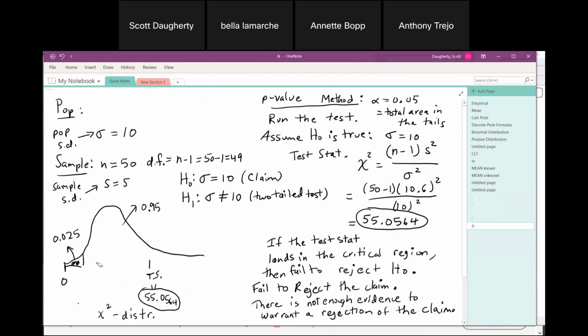Like the first step when you do the traditional method is you find the critical values. You start with alpha. And what we did in this case is we said alpha was 0.05. We had a two-tailed test. And so we divided it by 2 and found the area to be 0.025 and then found the critical values where those occurred. You don't have to do any of that at all. Okay. All you do is run the test.